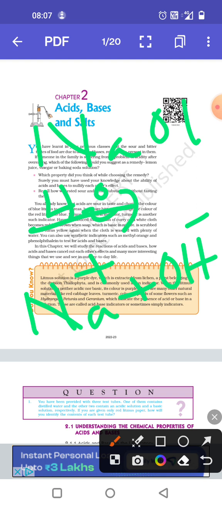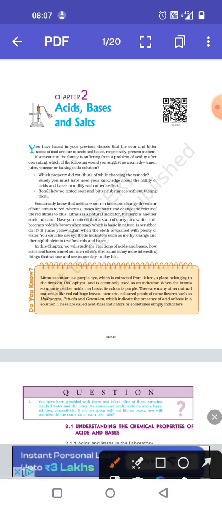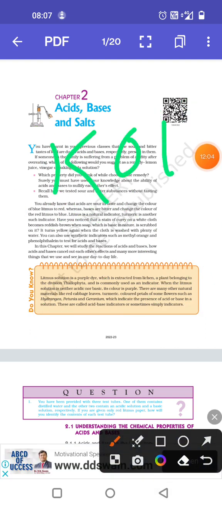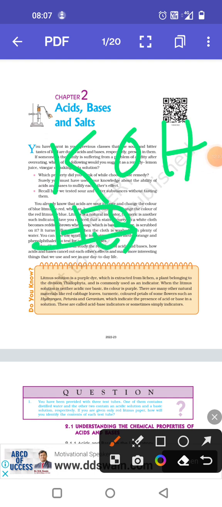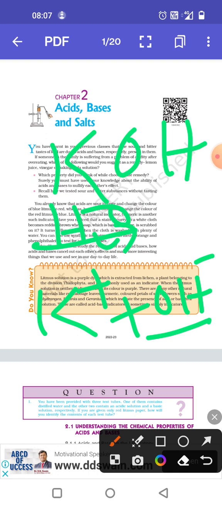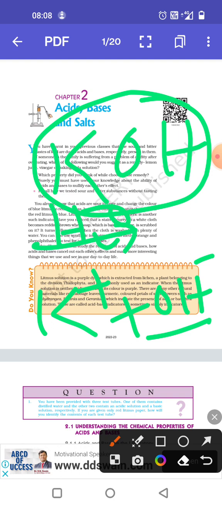According to Arrhenius theory, those chemicals that dissolve in water to release OH minus ions are bases. So NaOH in aqueous solution gives OH minus ions, so it is a base. Then KOH, potassium hydroxide, in aqueous solution gives K plus ions with OH minus ions. Here also OH minus ions are released, so KOH is a base.